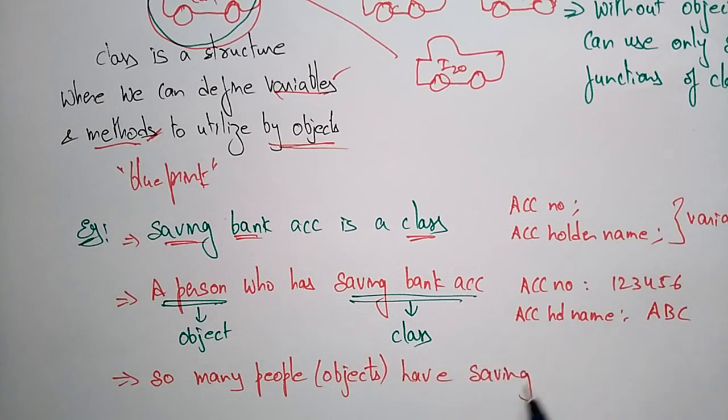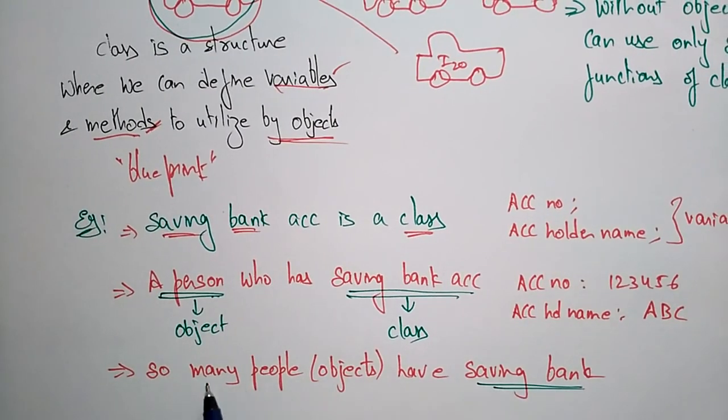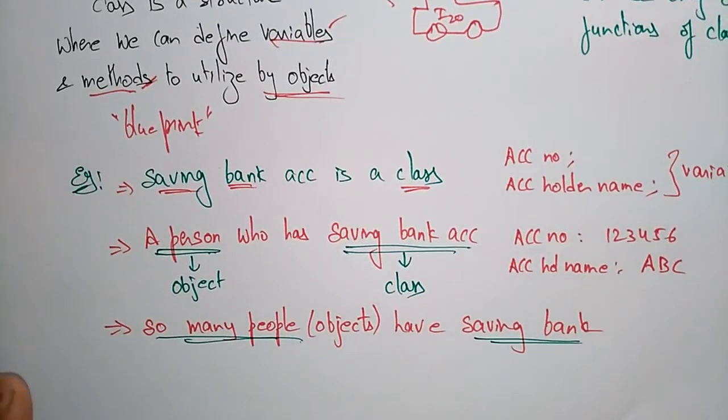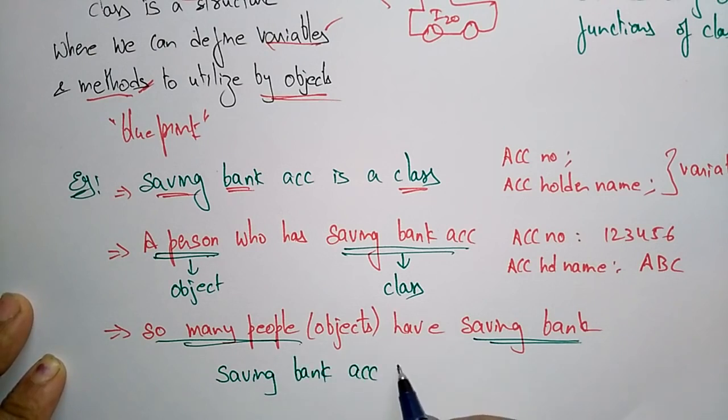So many people can have a saving bank account. So the saving bank here is the class, and the so many people are the objects. So all can be called by using saving bank account, like S.P1, S.P2, S.P3, like that. So here the S is the saving bank related to the class.